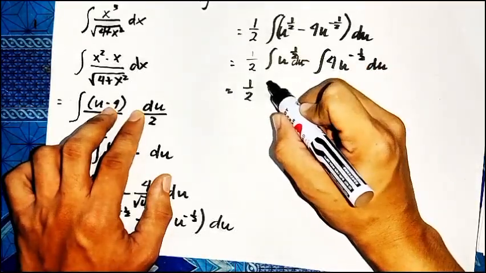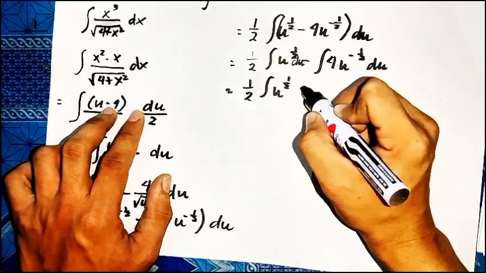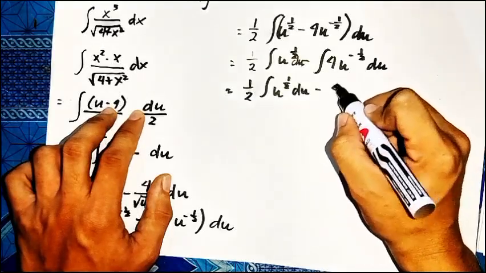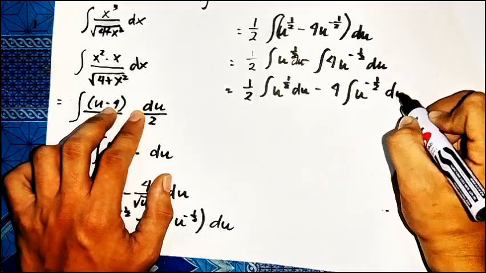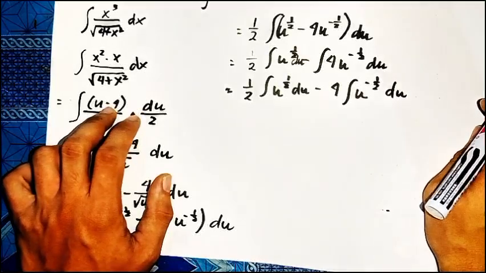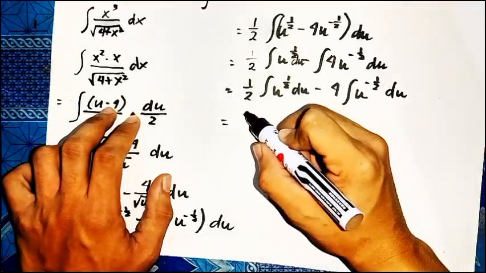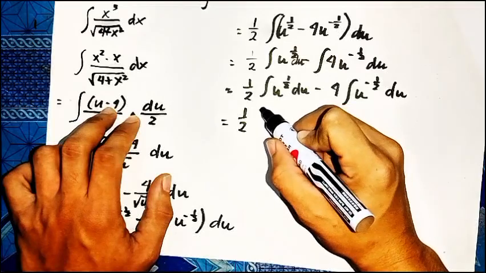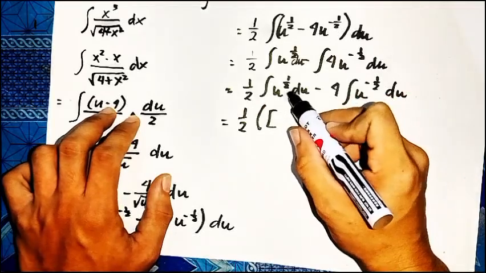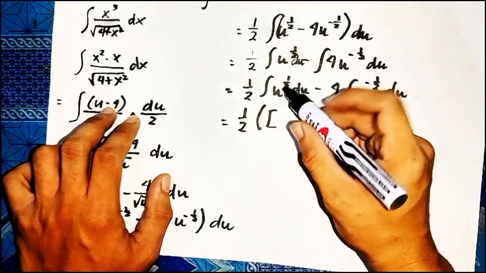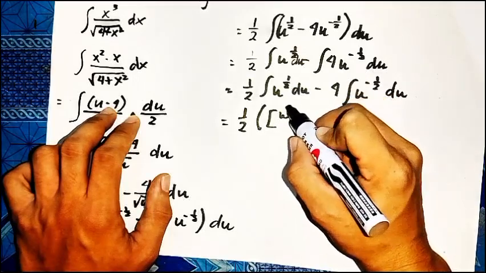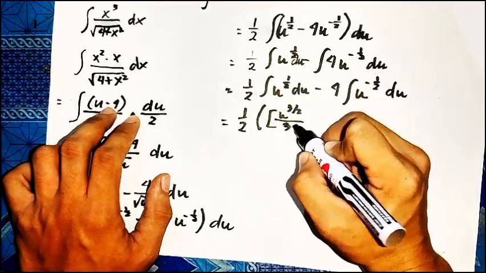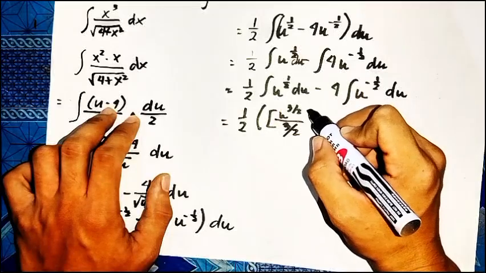So 1/2 integral of u to the power of 1/2 du minus 4 integral of u to the power of negative 1/2 du. Now let's integrate. So 1/2 times the integral of u to the power of 1/2, which is u to the 1/2 plus 1, that is 3 over 2, over 3 over 2.